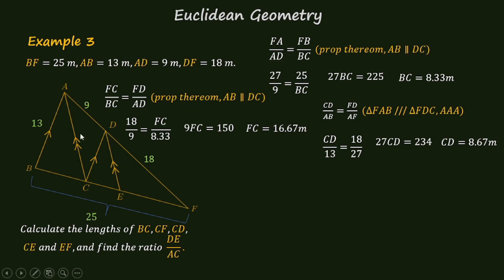If in a triangle, this line is parallel to this line, you can write this side as a ratio that is equal to the ratio of this side. That means we can write FA over AD equals FC over CE.